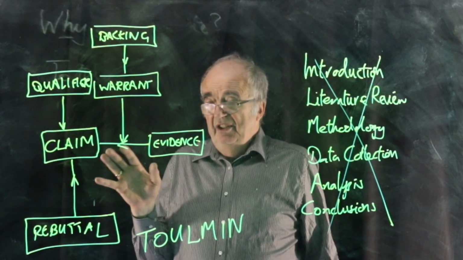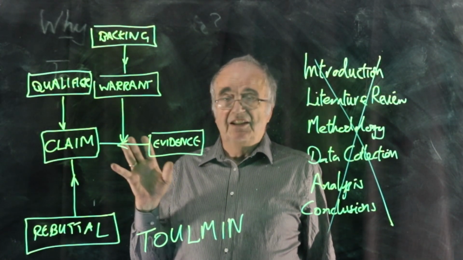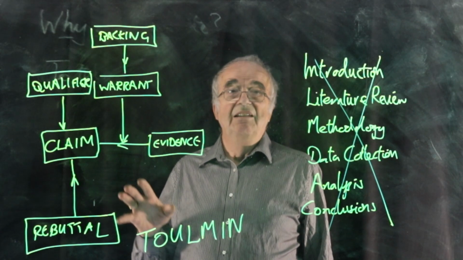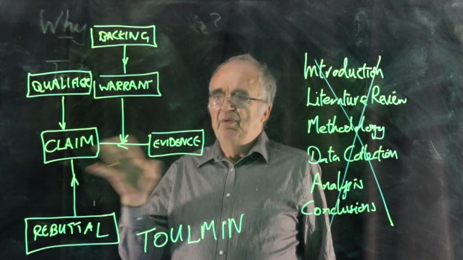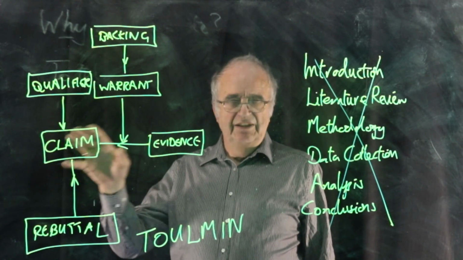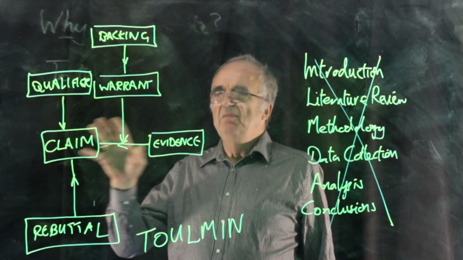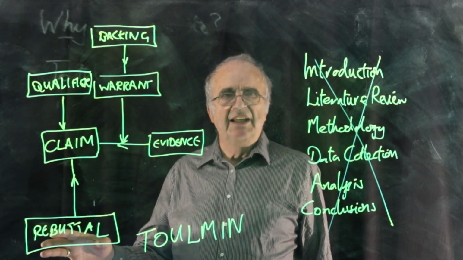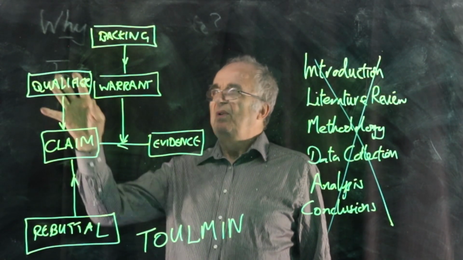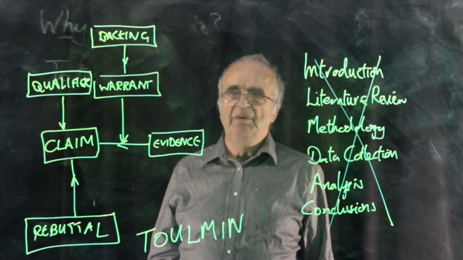Now, you may discover that the claim you want to make today isn't supported by the evidence, and you have to make a slightly different claim. You may discover that the arguments against the claim are stronger than you thought, and the qualifiers need to be more restrictive.